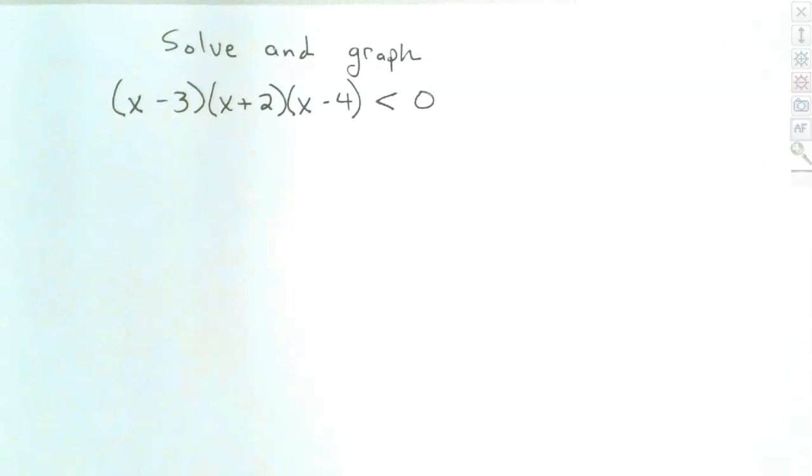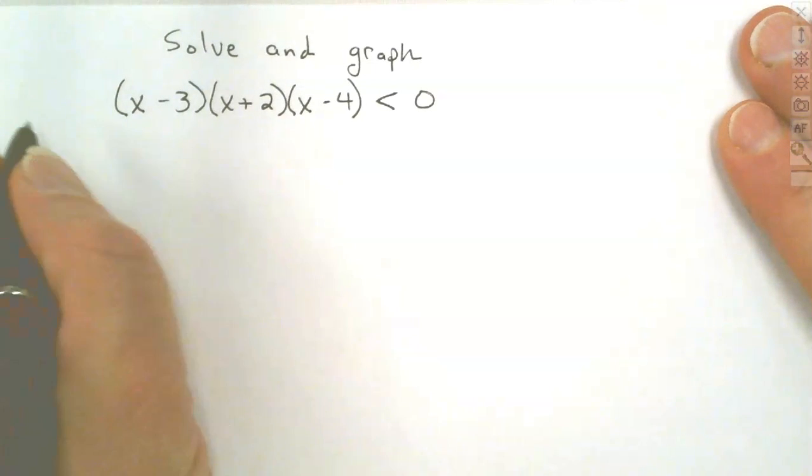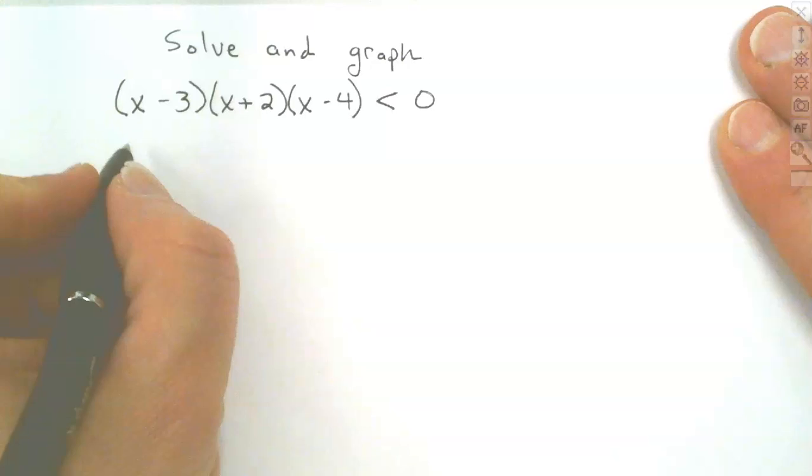This one has already been factored for you. I chose this one because it's going to have more regions to check. So what are my critical points? Well, this one's already done, so we can look at it.